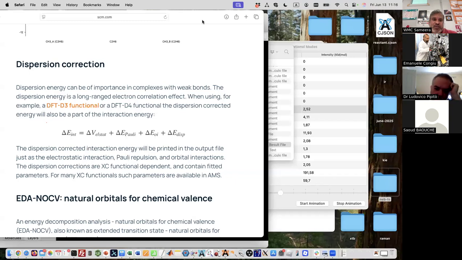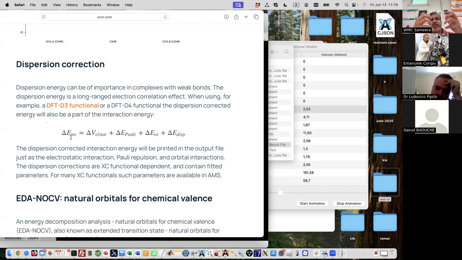In energy decomposition analysis, for the interaction between your two components at the transition state, you can decompose this interaction term into different energy terms, like electrostatic, Pauli repulsion, orbital interaction, dispersion, sometimes solvation effects.